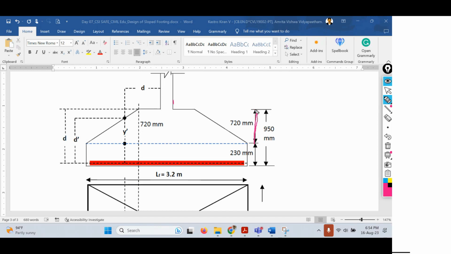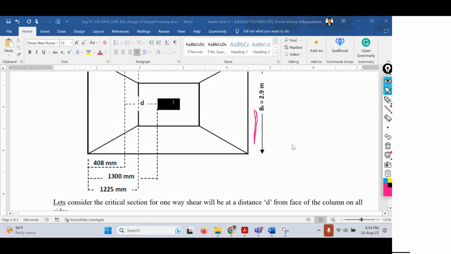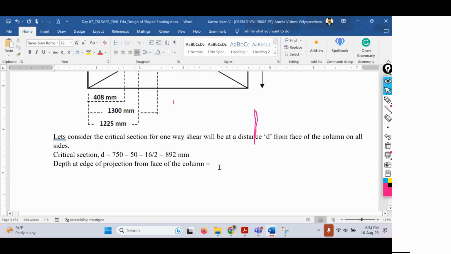Okay. So from here to here, what is the depth? That is 720 mm. So how we are getting this 720 mm? So 950 minus 230. Overall depth minus edge depth at face of the column. That is 950 minus 230, that equals 720 mm. That is edge of projection depth from face of the column.